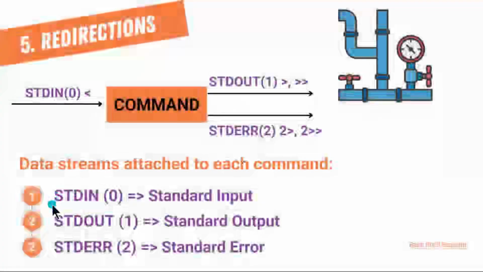In the last video, we went over the first two redirections, standard input and the standard output redirections. Let's go ahead and talk about error redirection. The three data streams attached to any Linux command actually have numbers associated with them.